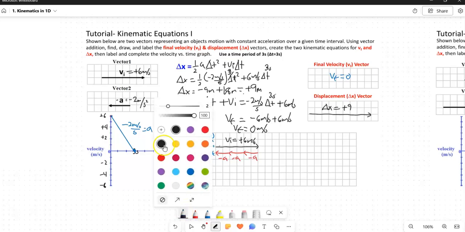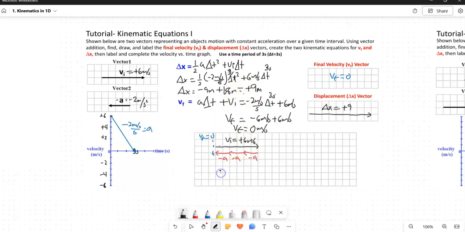Okay. So let's say we have our initial velocity vector, and I think I used black. We're going to have to draw 3 of those 6 meters per second vectors. So it's going to be kind of big. So 1, 2, 3, 4, 5, 6.